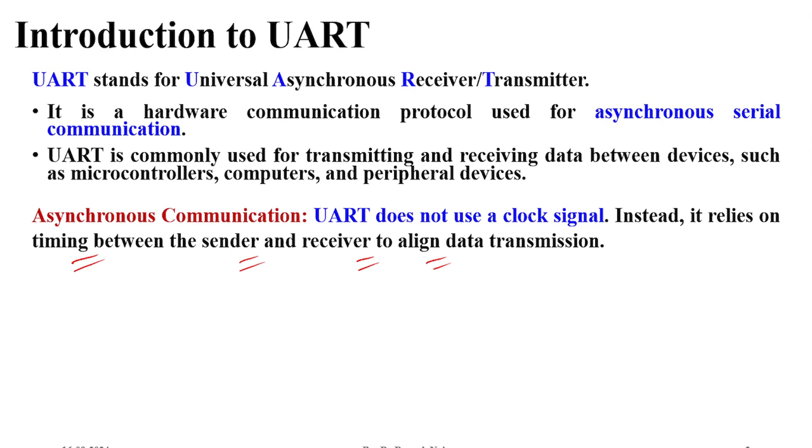So in the very beginning we will have to set a particular communication rate between the transmitter and the receiver, and then the UART will not use a clock for transmitting or receiving the signals. Instead, it will work on the predefined timing between the receiver and sender.